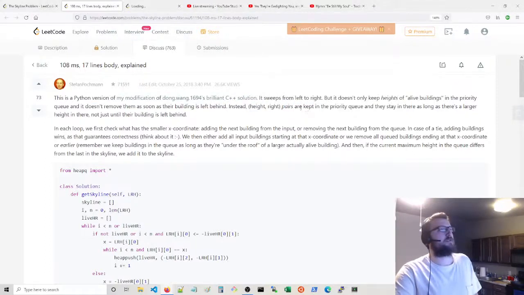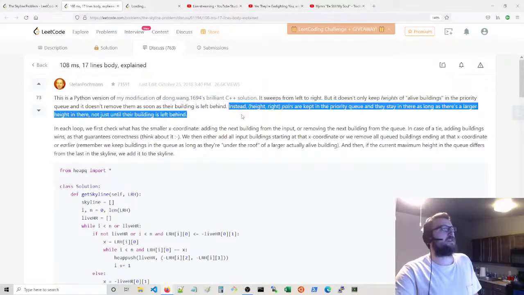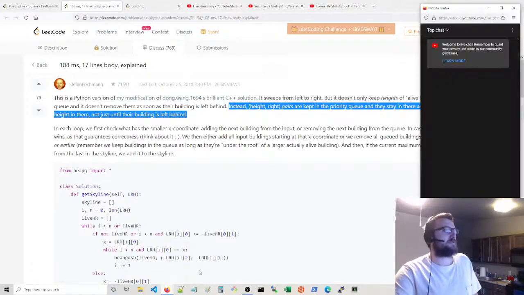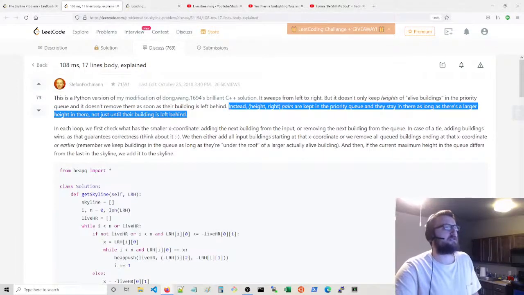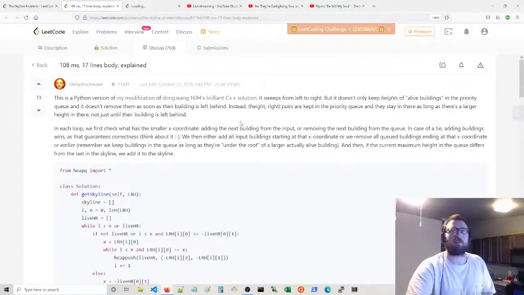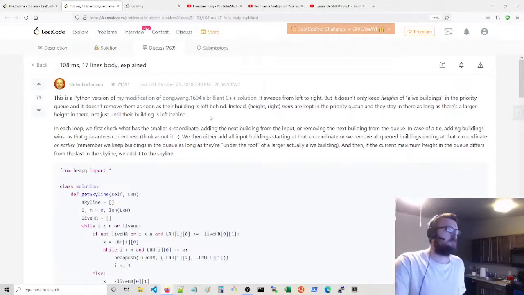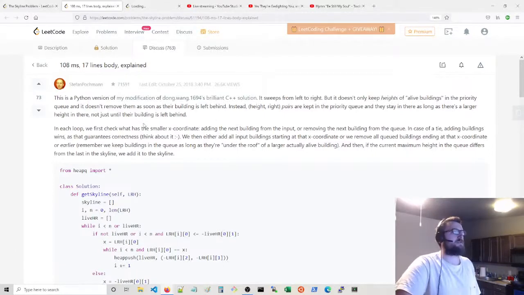Yeah, I was thinking about doing this. You could use a heap and use tuples of height and the right side, but even easier than that is just dump everything to a multi-set. Actually it uses a little bit less memory, I think, possibly. I don't know. So mine's fine. I really thought about that one too.